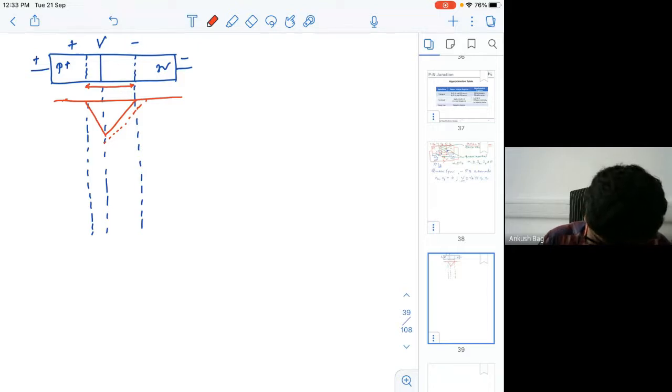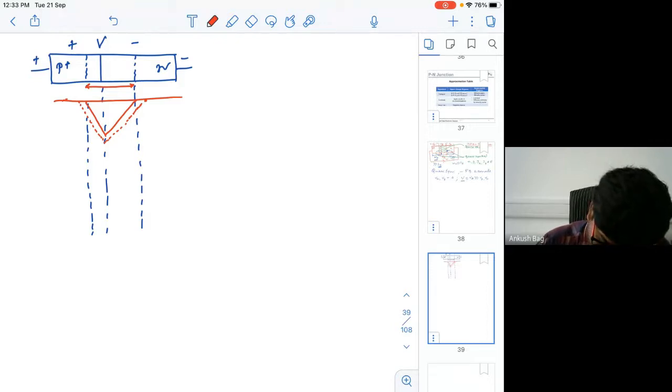So this XD, the depletion region width or space charge region width, will reduce compared to the equilibrium condition. Similarly, the electric field distribution will also change. The dotted line, or the area under this dotted line, represents the potential under equilibrium, essentially the built-in potential.